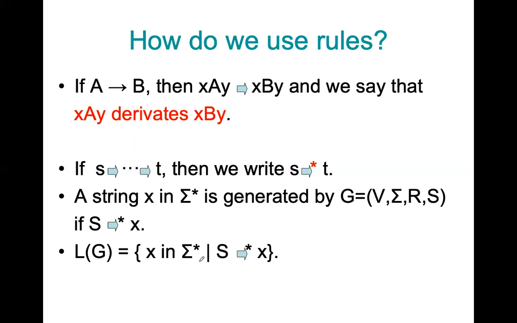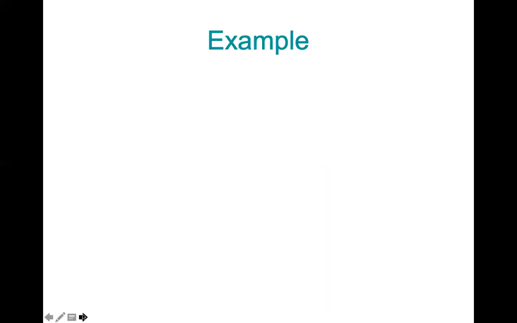If x is a string produced using these terminals, then s will produce the string x using some rules, not one rule. This string will be produced using more than one rule. It cannot be understood just like this, so we will see some examples here.